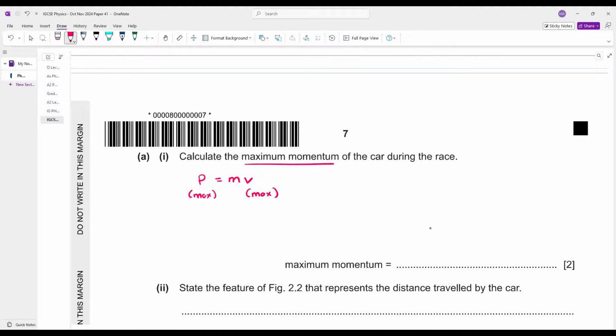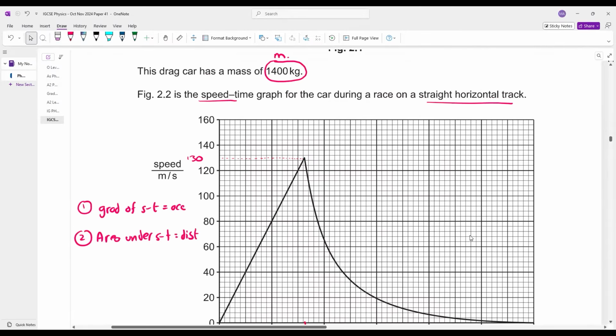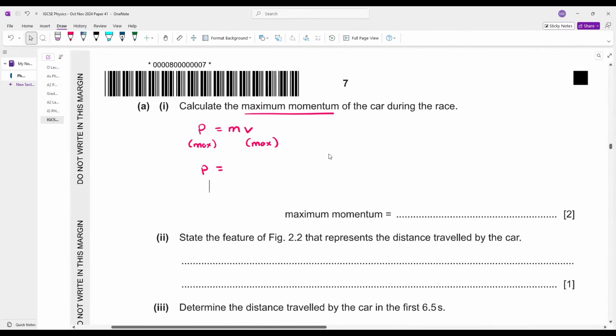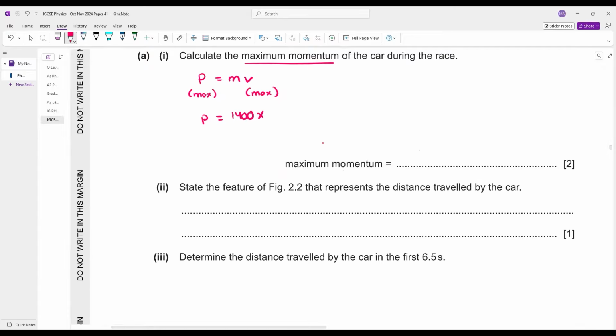What is the mass of the car? 1400, into the maximum velocity, which is 130. Multiply. 1400 into 130 comes out to be 182,000 is your maximum momentum.